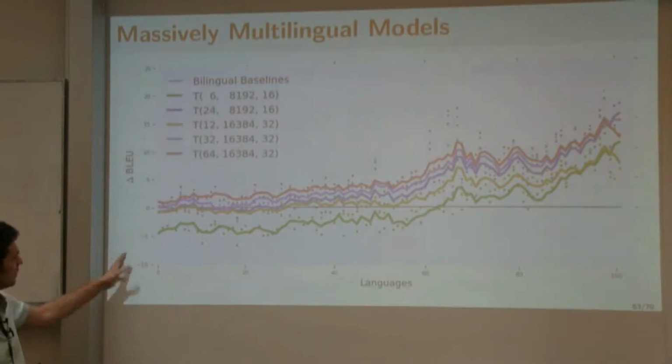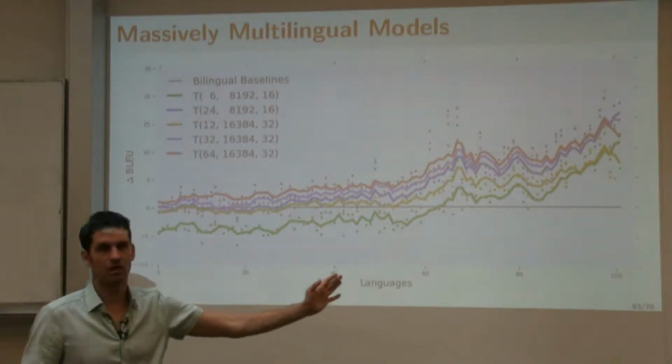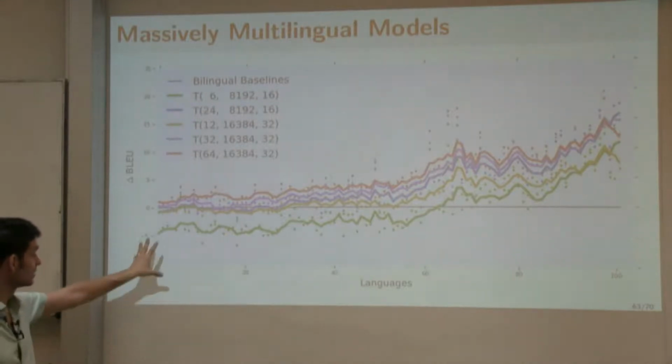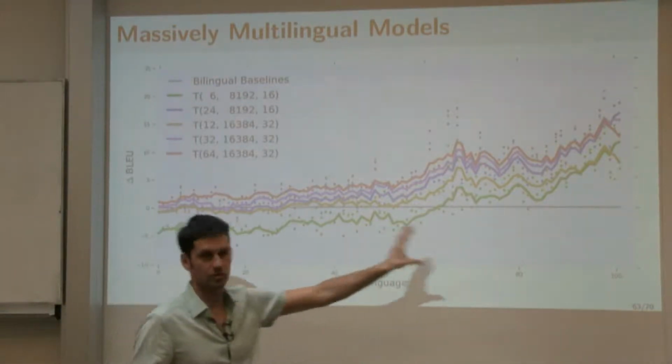And the languages are sorted according to the data sizes available for them. So these are the high resource languages, and these are the low resource languages.